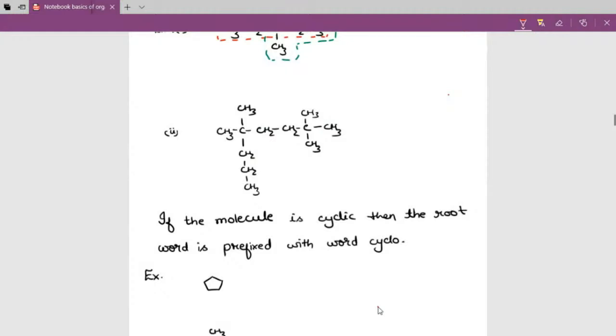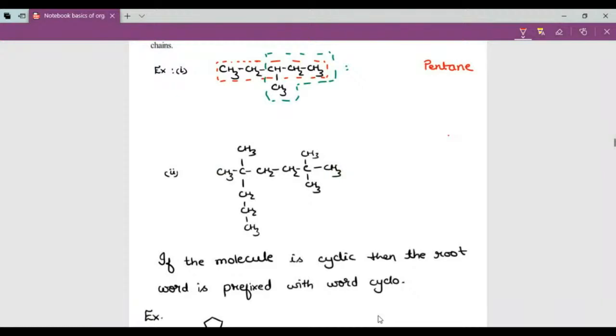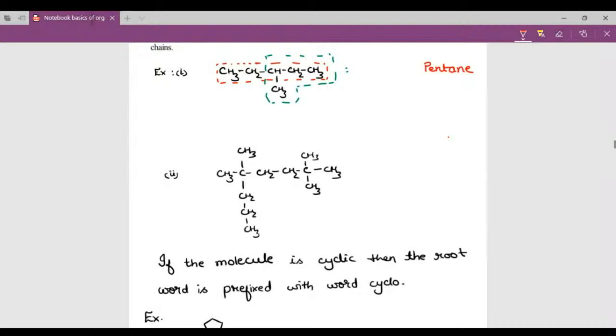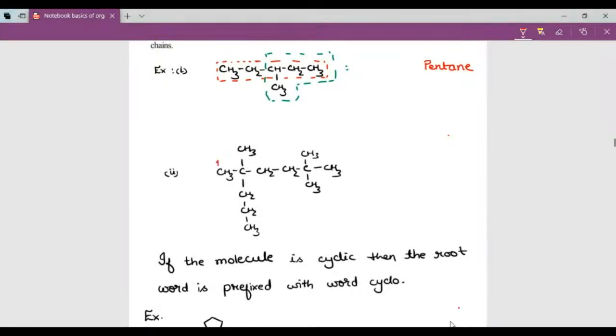Now coming to this molecule, we have so many possibilities. Let me put the numbering all around. If I put the numbering all around, my positions are 1, 2, 3, 4, 5, 6.